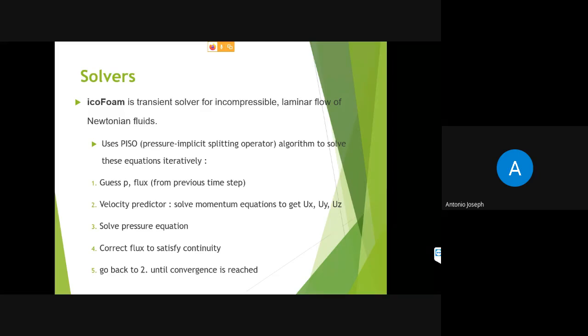Suppose initially I am giving some 15,000 or 20,000 elements, and I am solving, and I am looking at the velocity or pressure, whatever values I am looking at after convergence. Then now I am giving 50,000 elements. Then again I run the solution, and at convergence I get some results and compare them with the previous result I had got for 20,000 elements.